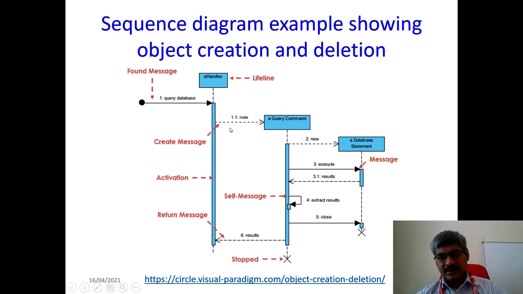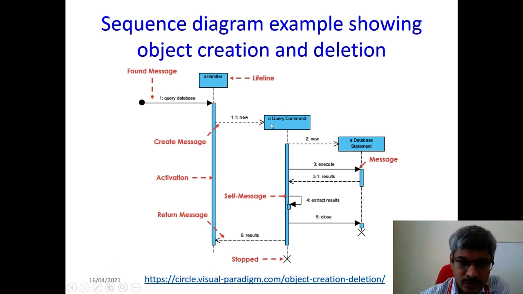But in this sequence diagram, a new object is created when it receives this query database message, and as part of that it creates the object using this new message. So a query command object is created. Once the query command object is created, it in turn creates another object, a database statement object, again with this new message.